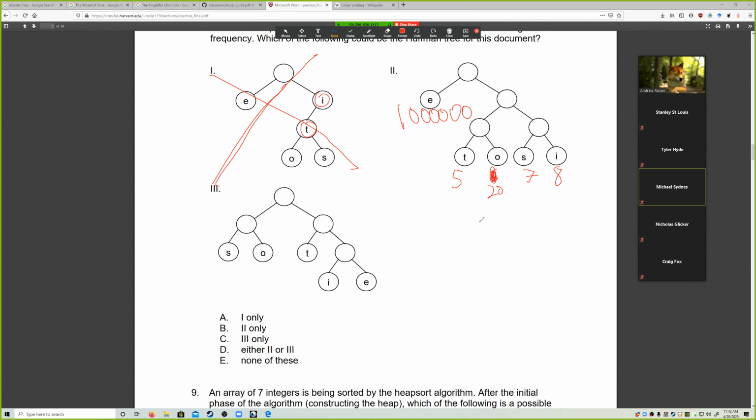So T and O have to be... Let's actually work this out.